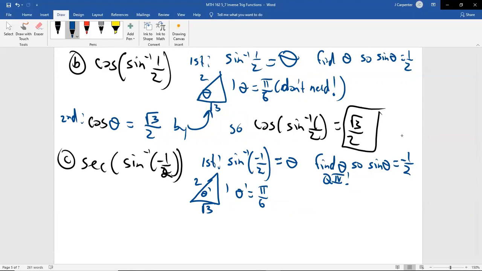Again, I don't actually need to know that. But it would be tougher ultimately without knowing it for a couple of reasons. If the reference angle is pi over 6, that means the actual angle is negative pi over 6. And that's why I'm going to say it's slightly more important, not necessarily to say that it's pi over 6, but the fact that it is negative, which puts us in quadrant 4.